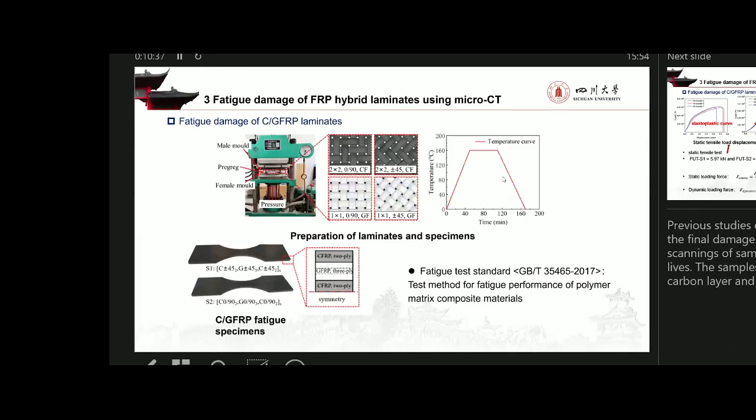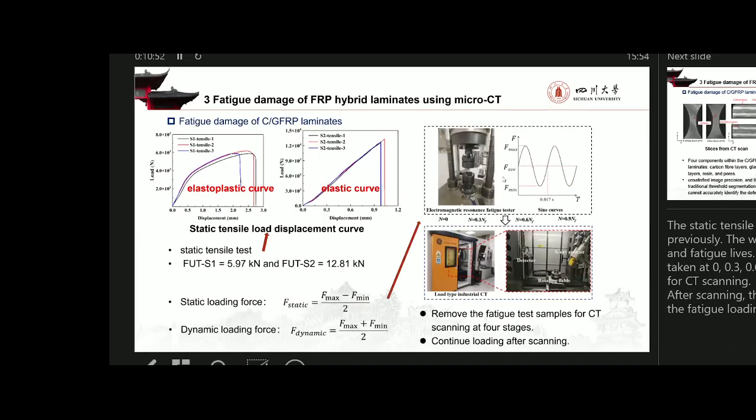And in this test, we do fatigue CT scans during the whole fatigue process with the hybrid specimens. We also do the static test and get the S-N curve and the fatigue life, at 0.3, 0.6, and 0.9 of fatigue life.